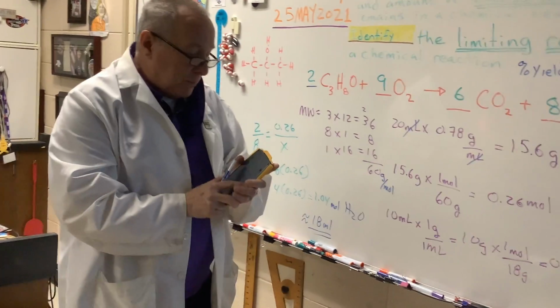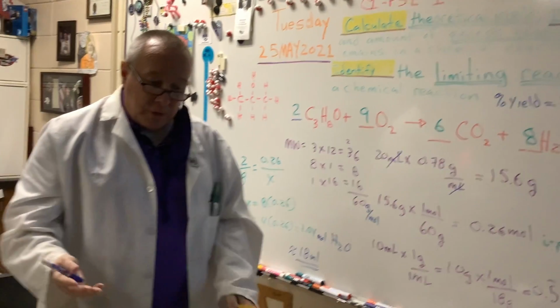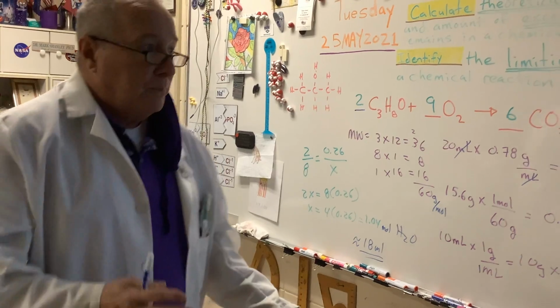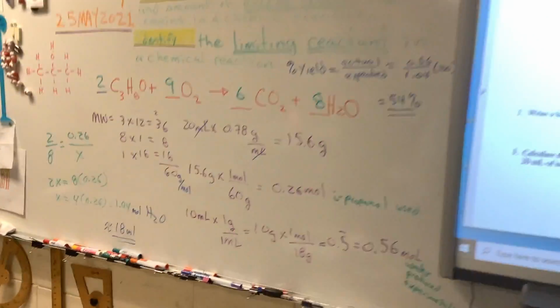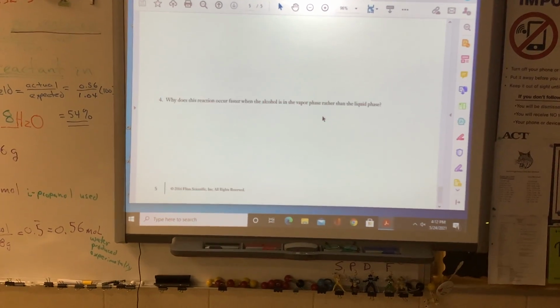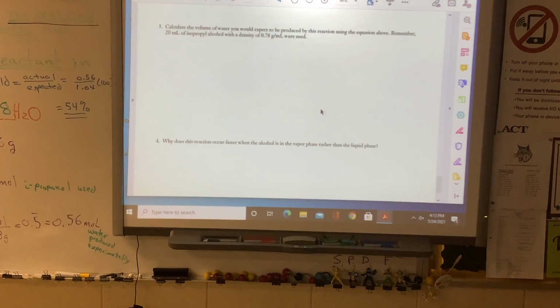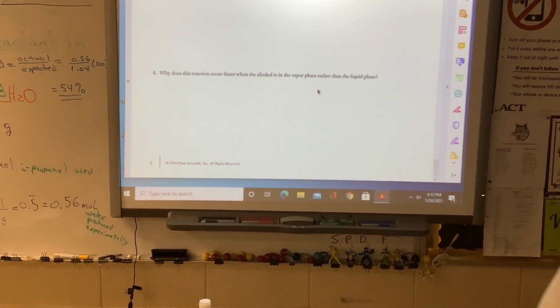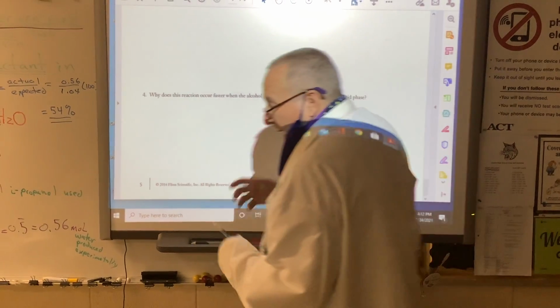So, a very simple experiment measuring volumes of propanol used and water produced gives us the ability to make some very sophisticated calculations. So finally it asks, why does this reaction occur so fast?